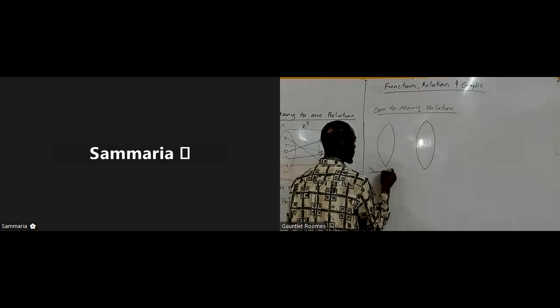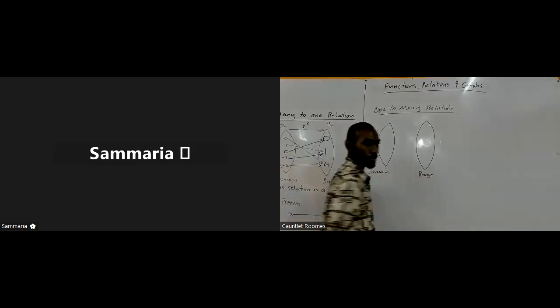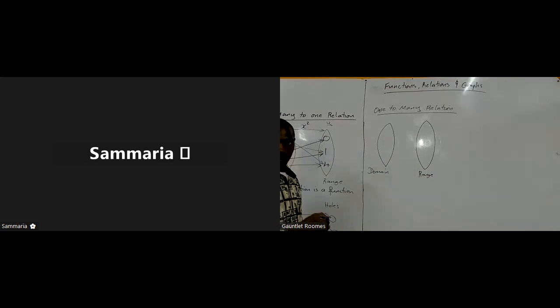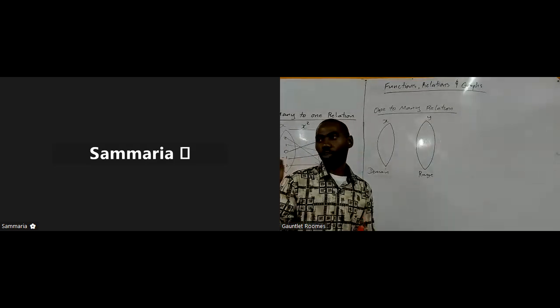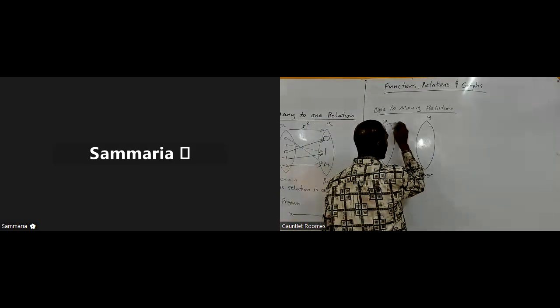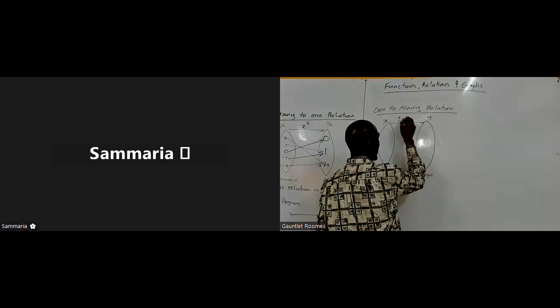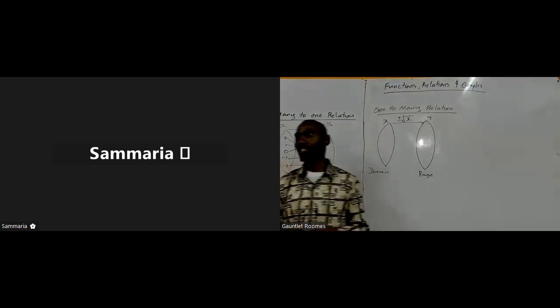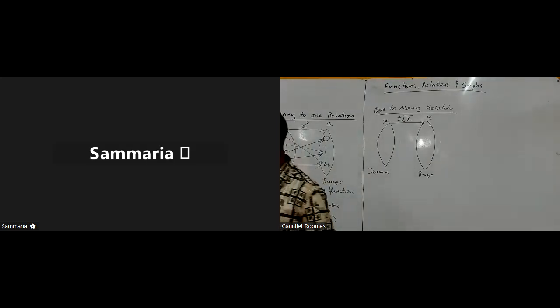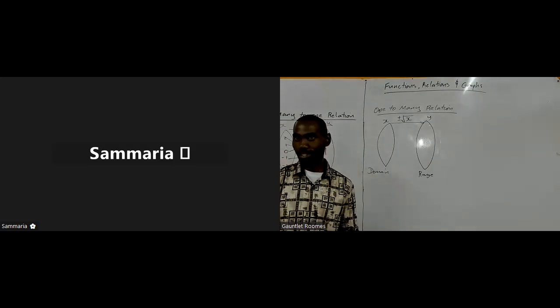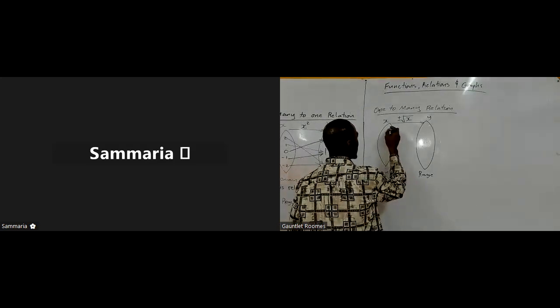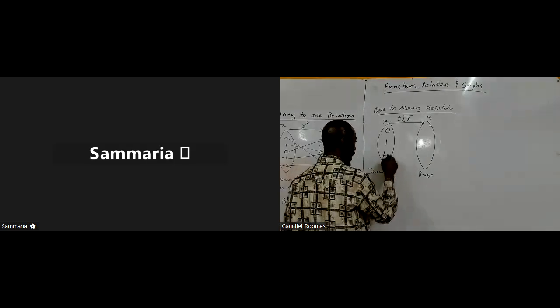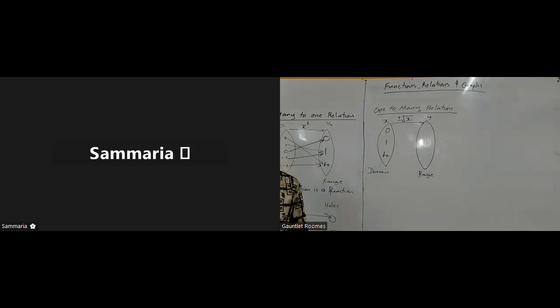So domain, range. X, Y. Now this time I'm going to make the rule that maps X onto Y be the plus and minus square root of X. We take in the plus and minus square root of X. Since X is always given, we're going to make X be 0, 1, and 4.